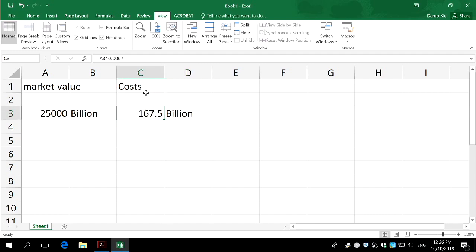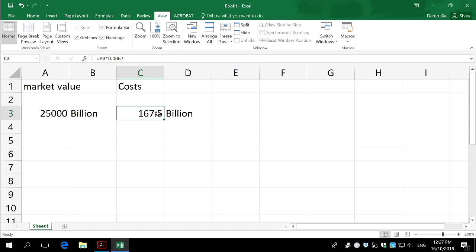Who earns those costs? Where does this amount of money go? Largely it goes to the pockets of the active mutual fund managers, mutual fund employees, and there are other operating fees. But a large portion of this money goes to the pockets of the employees in this industry, right?